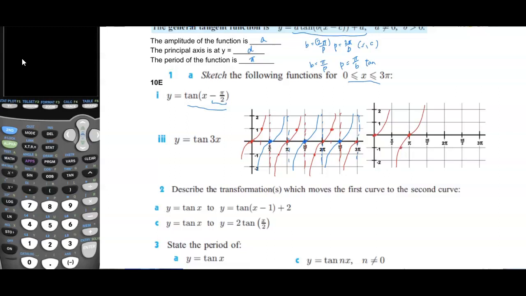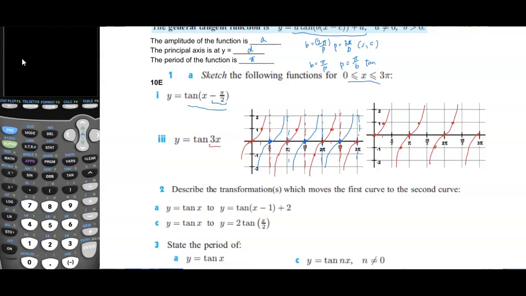Remember, the parent function has a point here that we can draw that is like pi over 4, comma 1. There we go. There's the parent function.